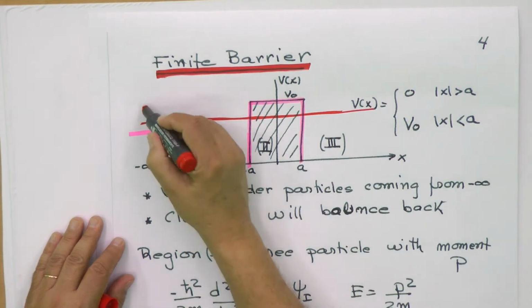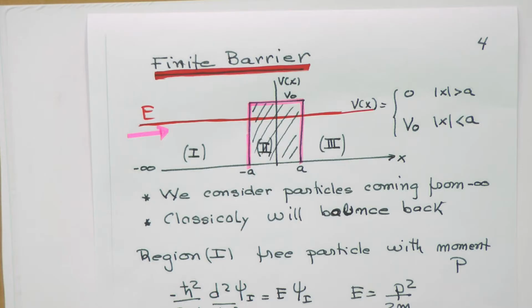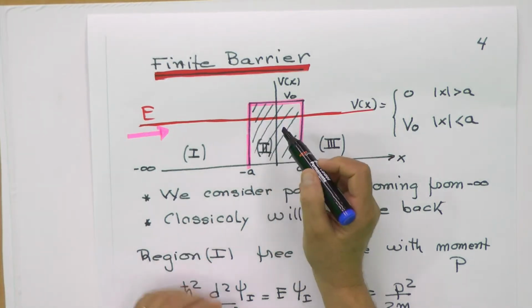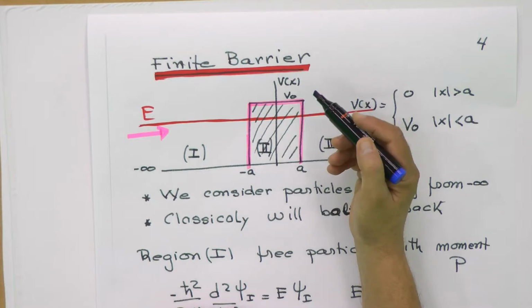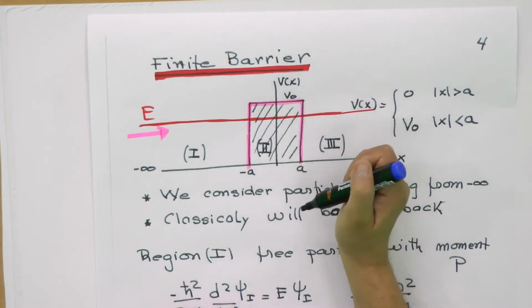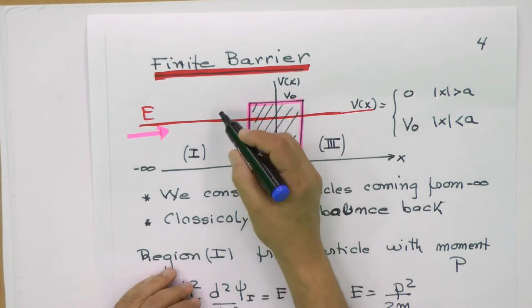So that's the energy that the electron is coming with. And then it finds this barrier, and many things can happen here. Well, classically, the electron cannot penetrate in a potential that's bigger than its energy. So classically, the electron will come back.